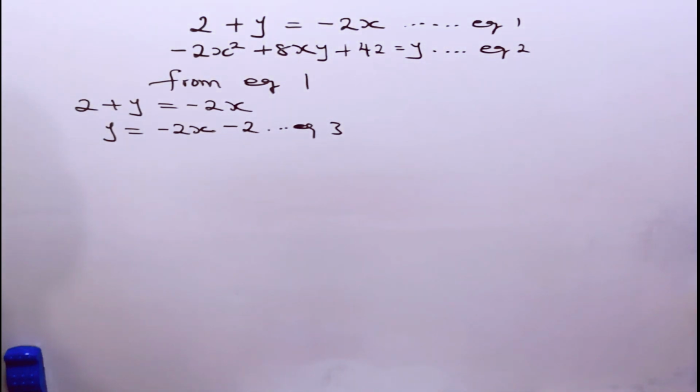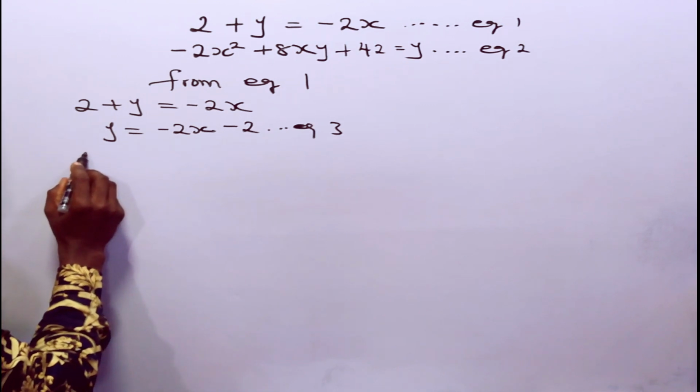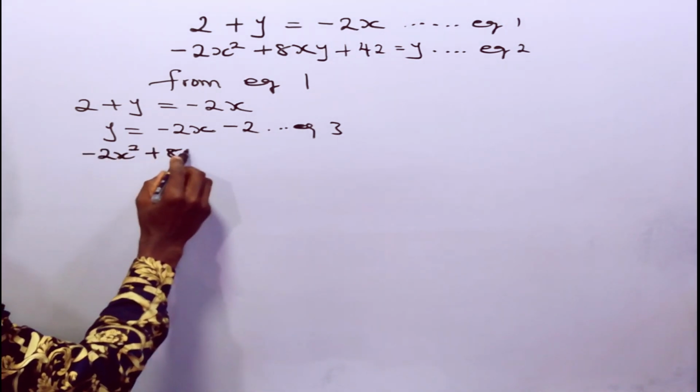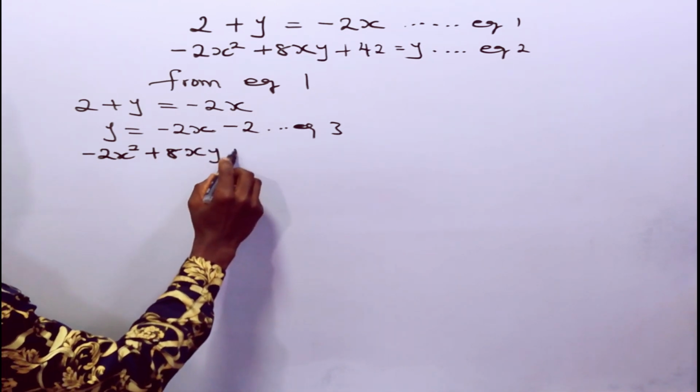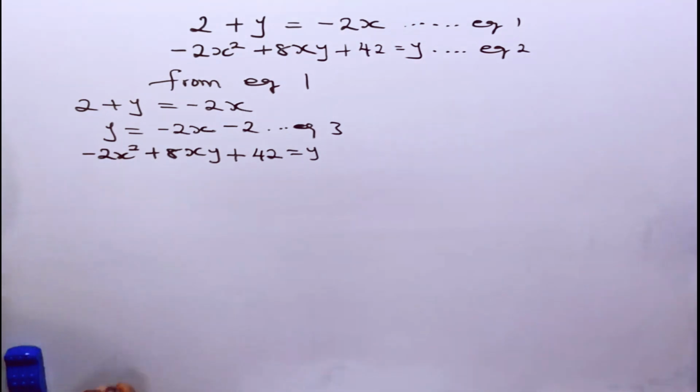Now, let's substitute y equals negative 2x minus 2 into equation 2. Equation 2 is negative 2x squared plus xy plus 42 equals y. So wherever we see y, we place negative 2x minus 2.